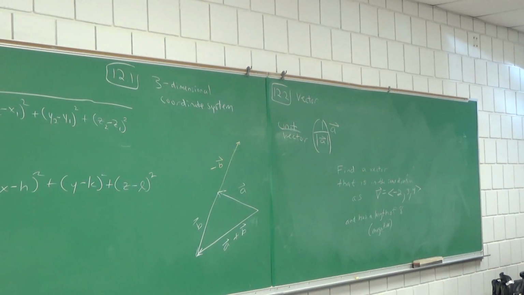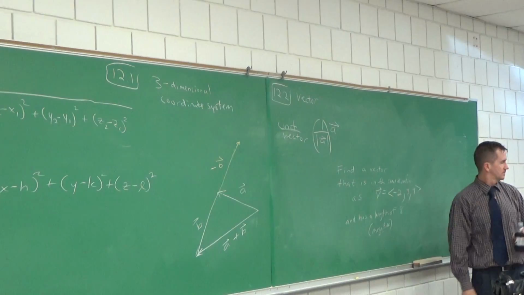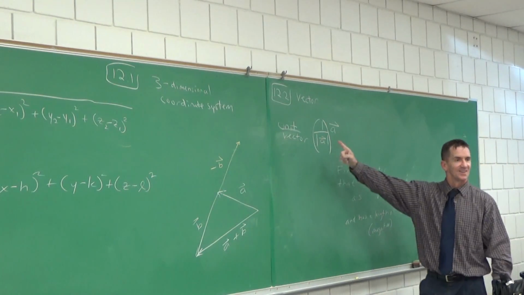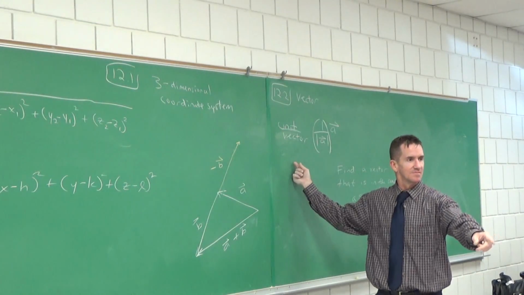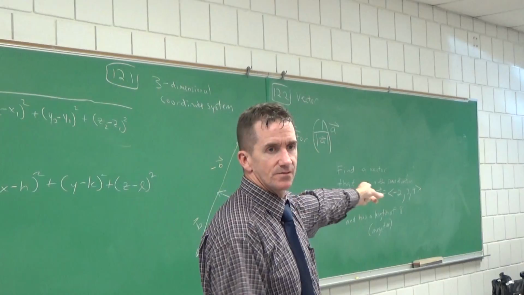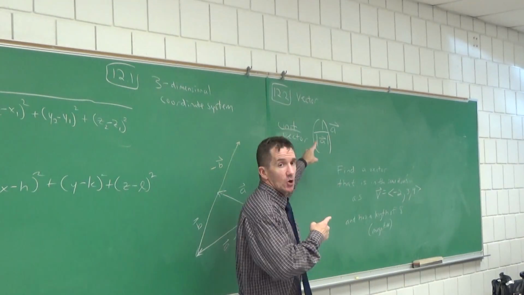This is in 12.2. Let's find a vector in the same direction as vector -2, 3, 4, but it has a length of 8. Where do we start? Oh, let's start here. I was going to find the magnitude of vector v. That's a great starting point. Let's get that magnitude of vector v, and let's go here first.